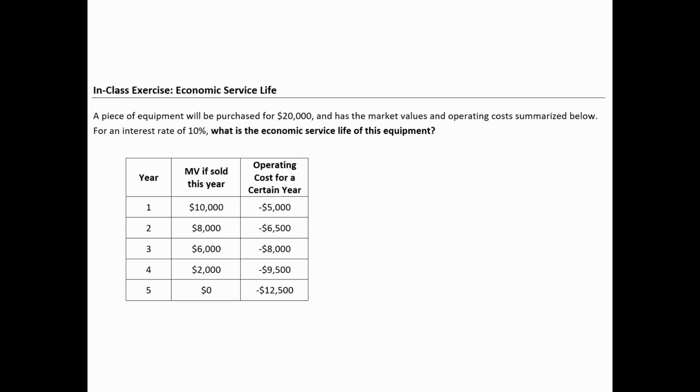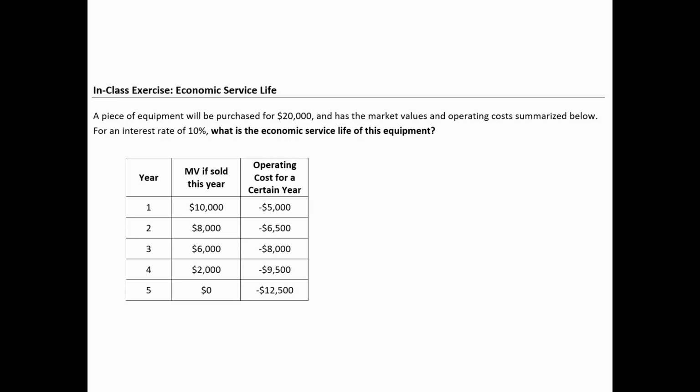Our criteria is we want to minimize costs. So we want to find the lowest annual worth of total costs. And the costs include not only the capital recovery, but also the operating costs. So you look in the data here. What I'm telling you is that if you sell it after the first year, then you'll be able to get $10,000 for it.